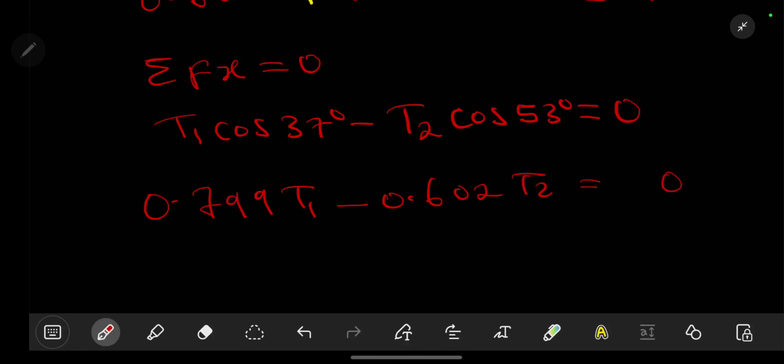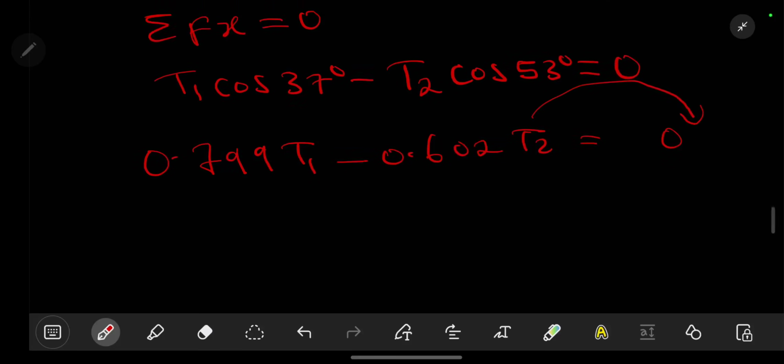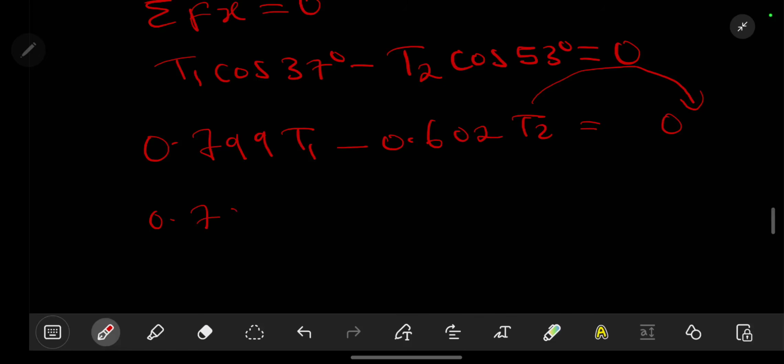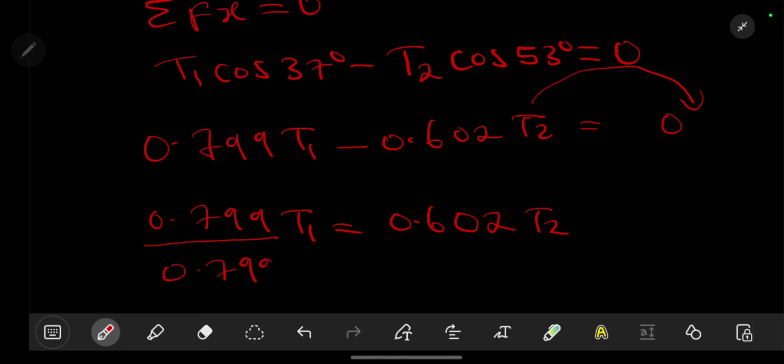Then let us take the negative to the other side. Then we are going to have 0.799 T1 should be equal to 0.602 T2. Then let us divide by 0.799 so that we can remain with just T1.